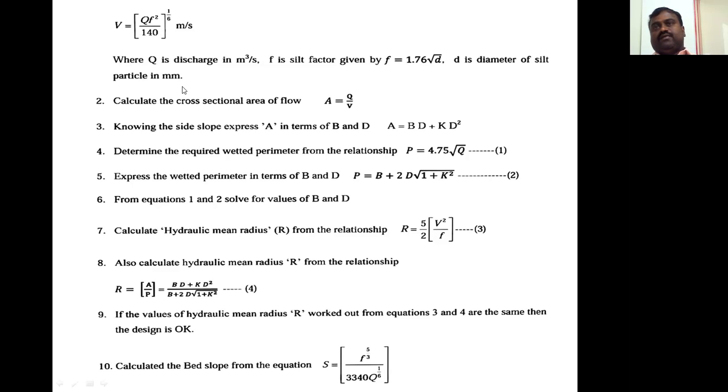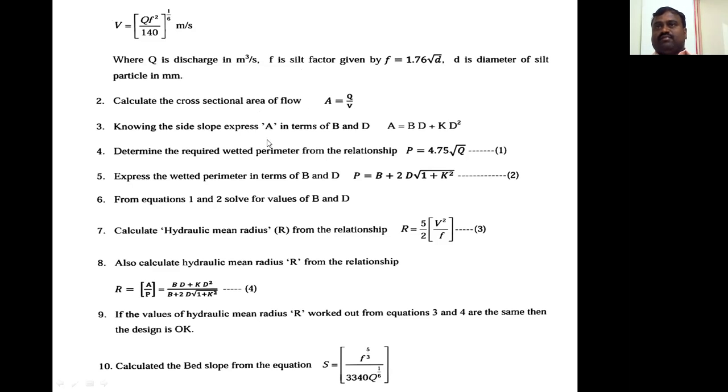Here Q represents the discharge in meter cube per second, and F represents the silt factor, which is equal to 1.76 root of d, where d is the diameter of the particle in millimeter. In the next step, once V is calculated, using the discharge formula Q is equal to area into velocity, the cross-sectional area A is calculated.